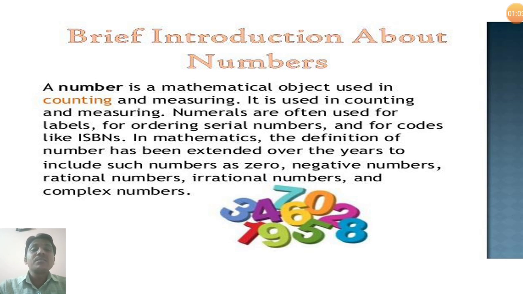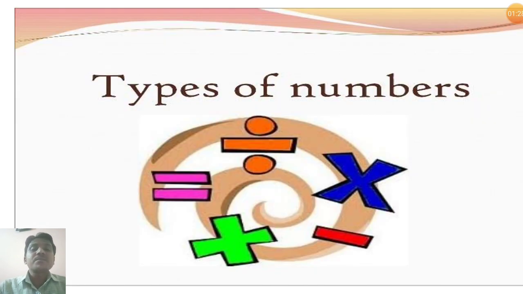Numerals or numbers are often used for labels, for ordering serial numbers, and for codes like ISBNs. In mathematics, the definition of number has been extended over the years to include such numbers as zero, negative numbers, rational numbers, irrational numbers, and complex numbers.